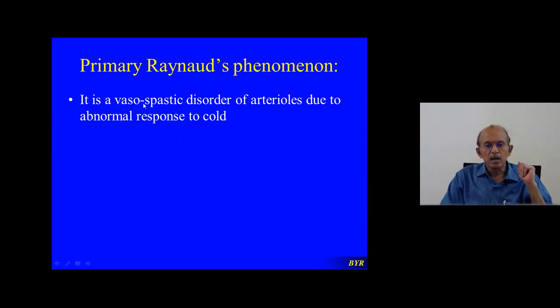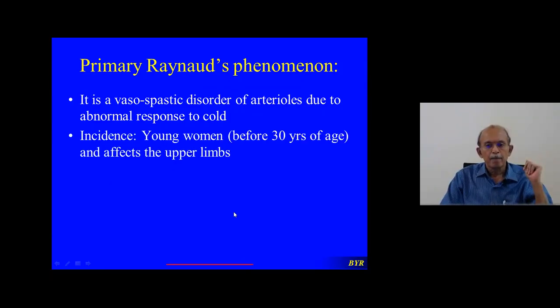But there is an abnormal vasospastic response of the arterioles to cold exposure. What is an abnormal response? Let us see. This occurs in young women before 30 years of age and affects the upper limbs.